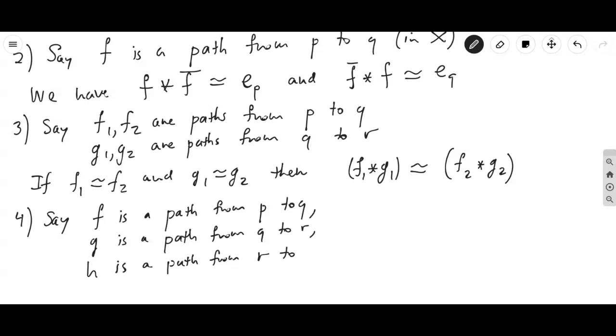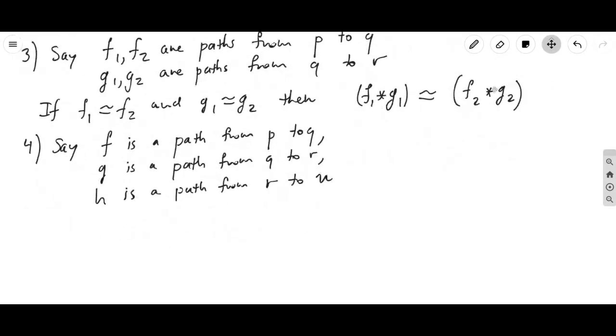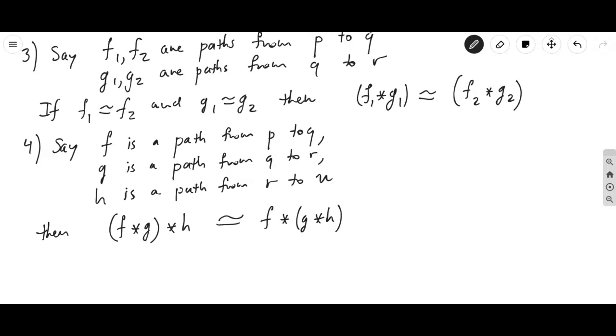P, Q, R, S. Maybe we should not use S. S, T, I guess U. There's probably a smarter way to use notation, but the main point here is what matters. Then if you do F juxtapose G juxtapose H like this, and if you would do F juxtapose G juxtapose H like that, then they in general would be different paths, because the way you bracket changes the function, but the functions will be homotopic to each other. So that's beginning to look like the associative law that we have in a group.